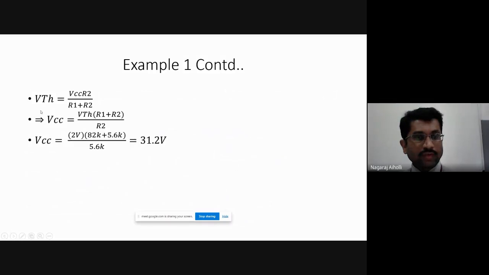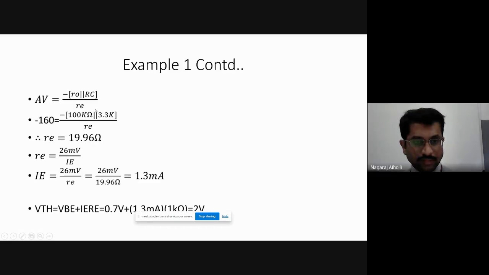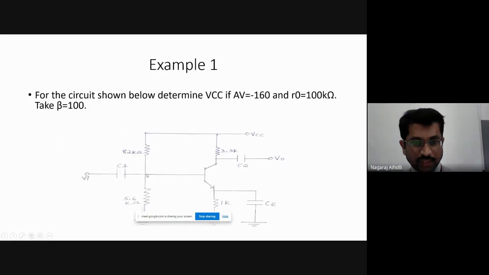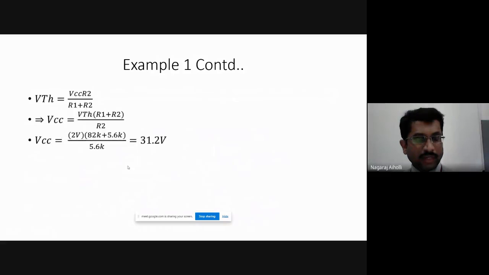Now we know the formula for VTH according to the voltage divider rule. VTH is equal to VCC into R2 divided by R1 plus R2. Now if you arrange for VCC, VCC is equal to VTH into R1 plus R2 divided by R2.